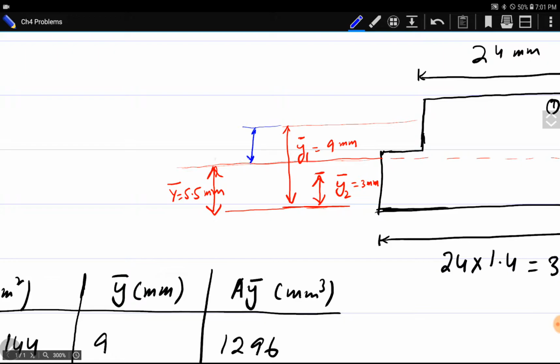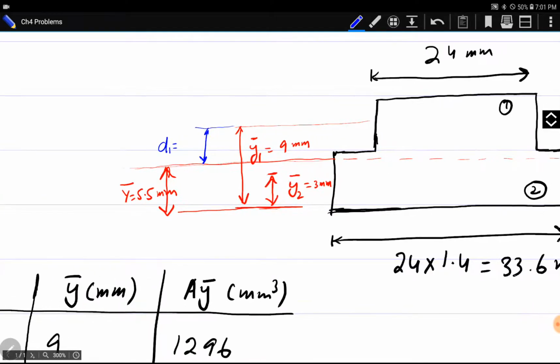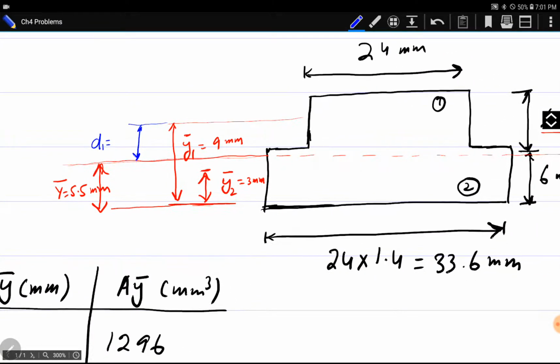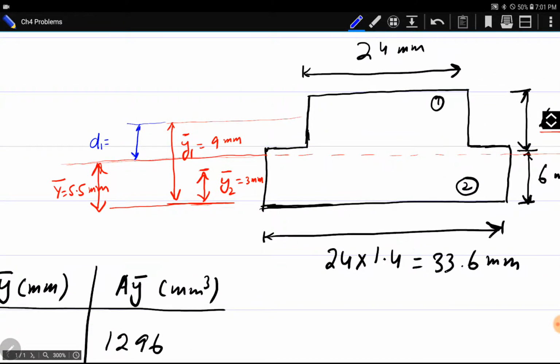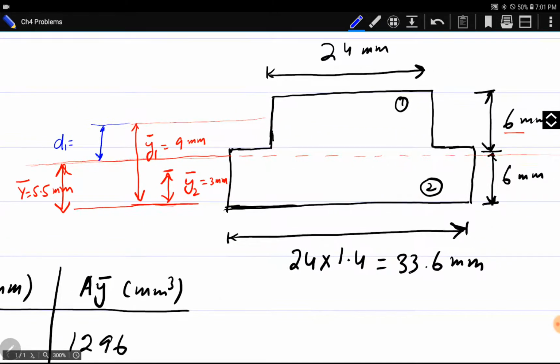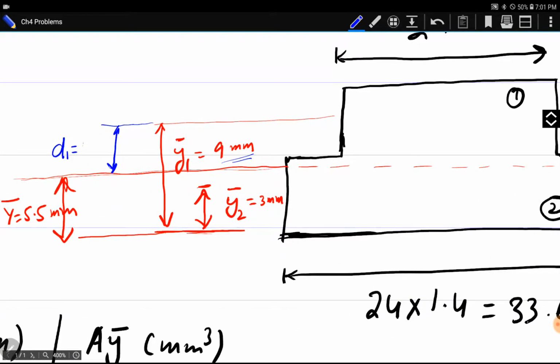This distance is D1, which must be 3.5 because this total height from bottom is 9 mm. 9 mm minus 5.5 becomes 3.5 millimeters. D1 is 3.5 millimeters.